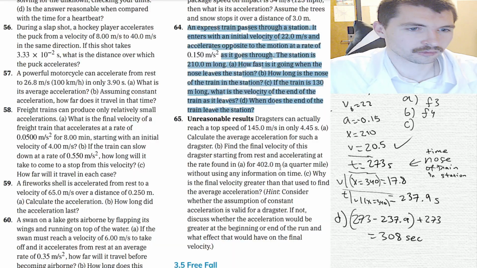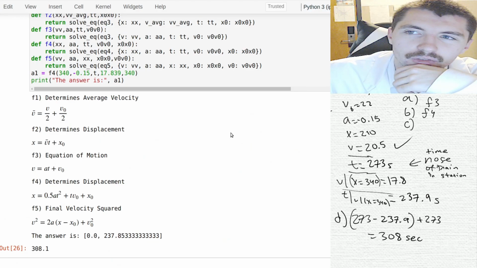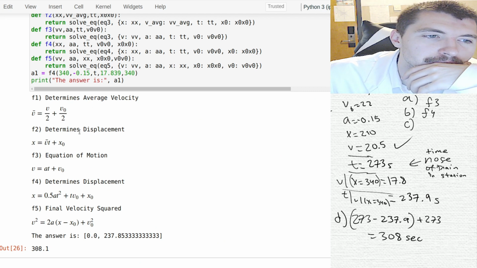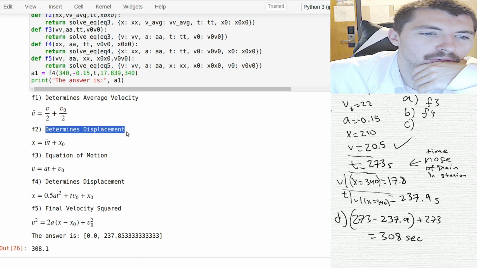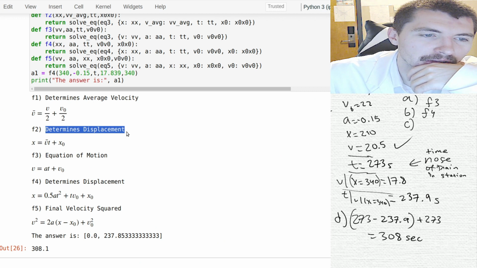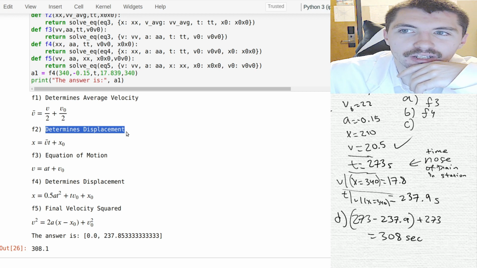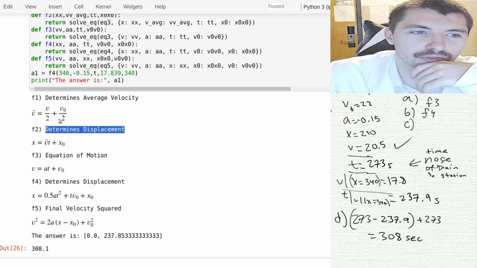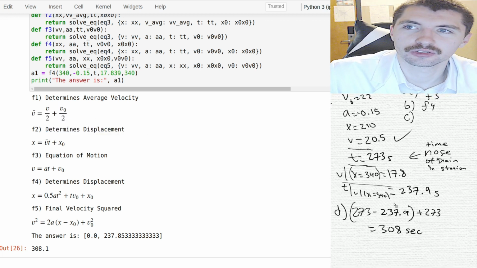Okay, so what might we have done? So we might have used displacement instead because we could have found this. So let's try that.